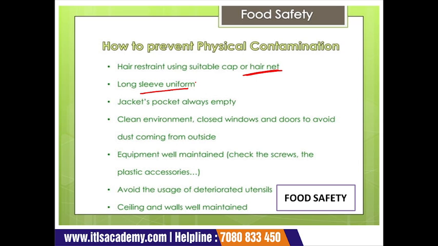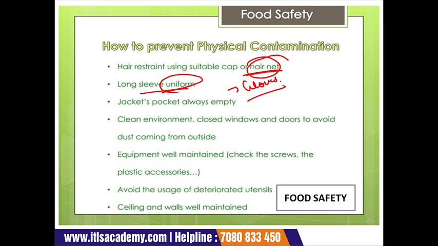If you see chefs, or any video related to food preparation, you see that the person preparing the food wears a uniform with full sleeves, and they also wear a hair net and gloves.